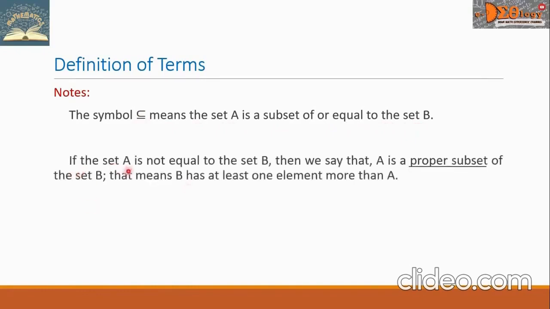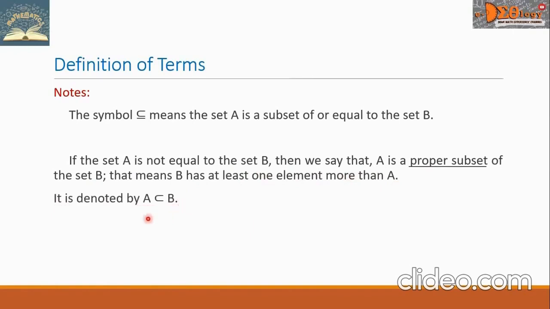Now, if the set A is not equal to the set B, then we say that A is a proper subset of the set B. That means B has at least one element more than A. And this is now denoted by this symbol.